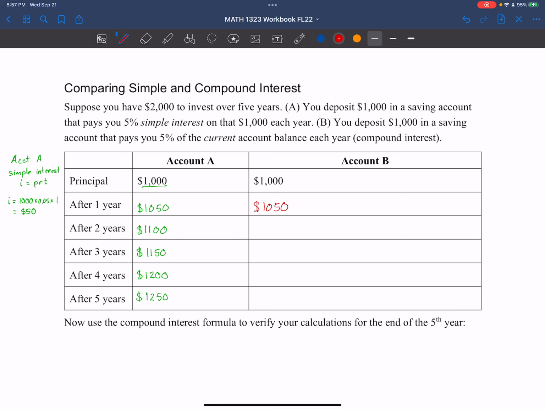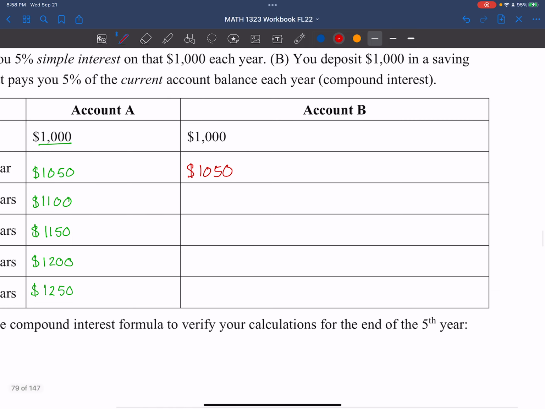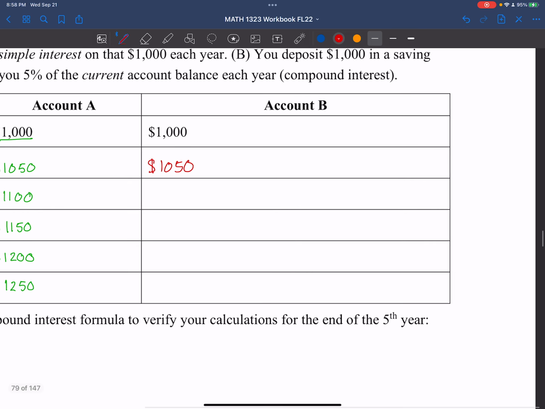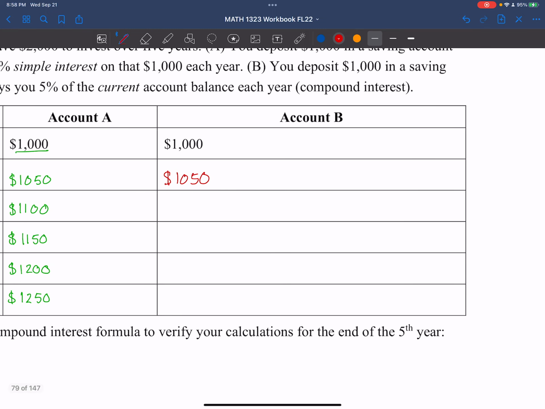Okay, and if you were to now compute that same simple interest formula, but include the 50, let's just do that off to the side. For the next year, if you were to compute the interest from the 1,050, including that now in your account balance, still multiply that by the 5% and one more year, you're going to find that this number is going to be 52.50.